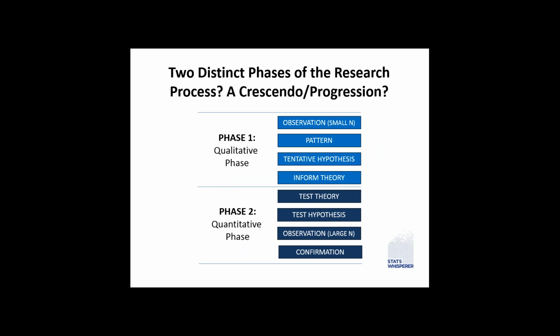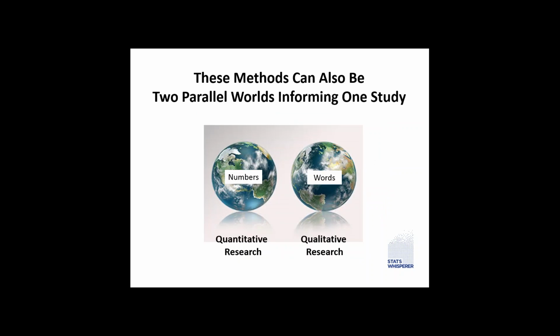It's a linear progression from qualitative to quantitative. What we're suggesting here in our webinar is that these two parallel worlds don't have to be linear, that they can exist side by side. The numbers and words exist side by side to simultaneously inform one research study.